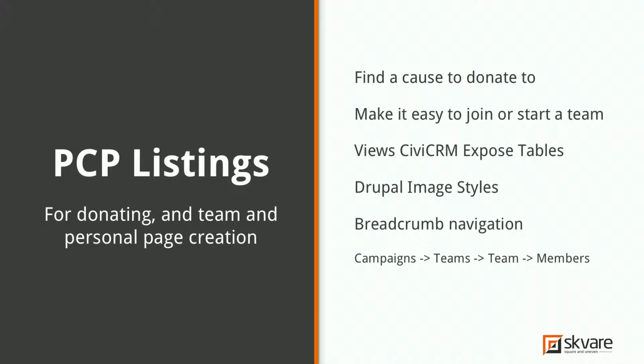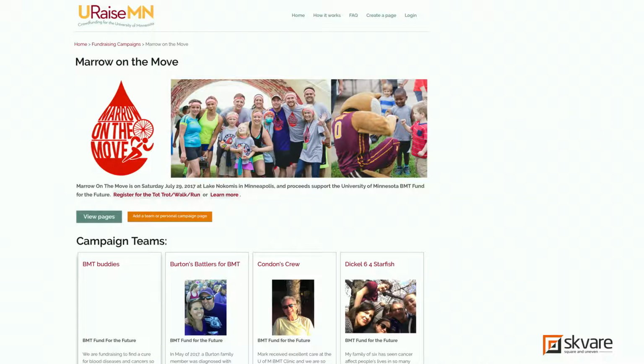We've also added a pretty sophisticated breadcrumb navigation. So you go from the campaign to the team, to another team, to the members, and you can very easily see that. Here's a specific campaign page, as you see it here. They've got Mayor on the Move, with pictures and logos.